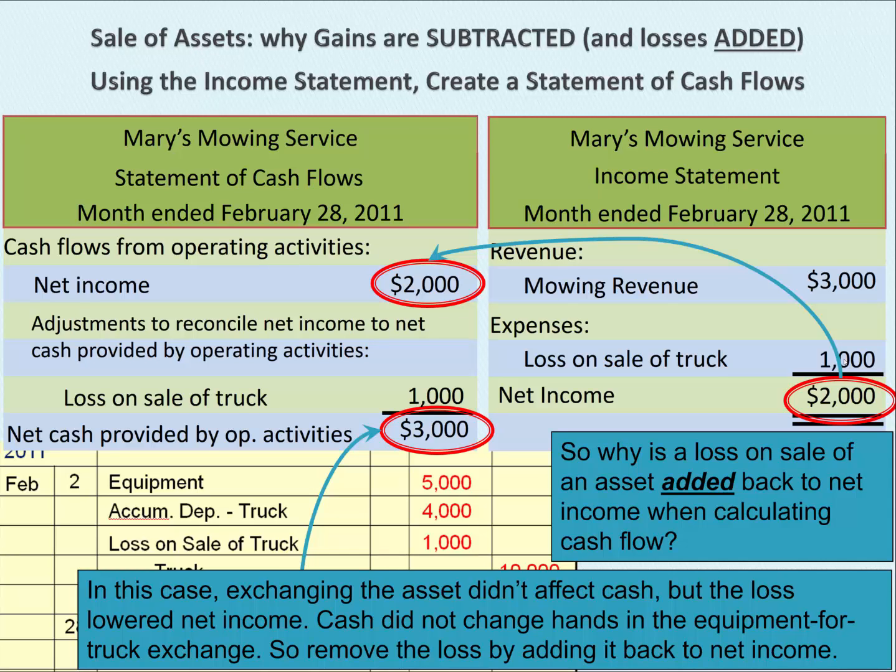So we need to remove the loss by adding it back to net income. Now, if this transaction also resulted in cash flow, then the cash flow would go in the investing section of the statement of cash flows, because the investing section contains changes to long-term assets.